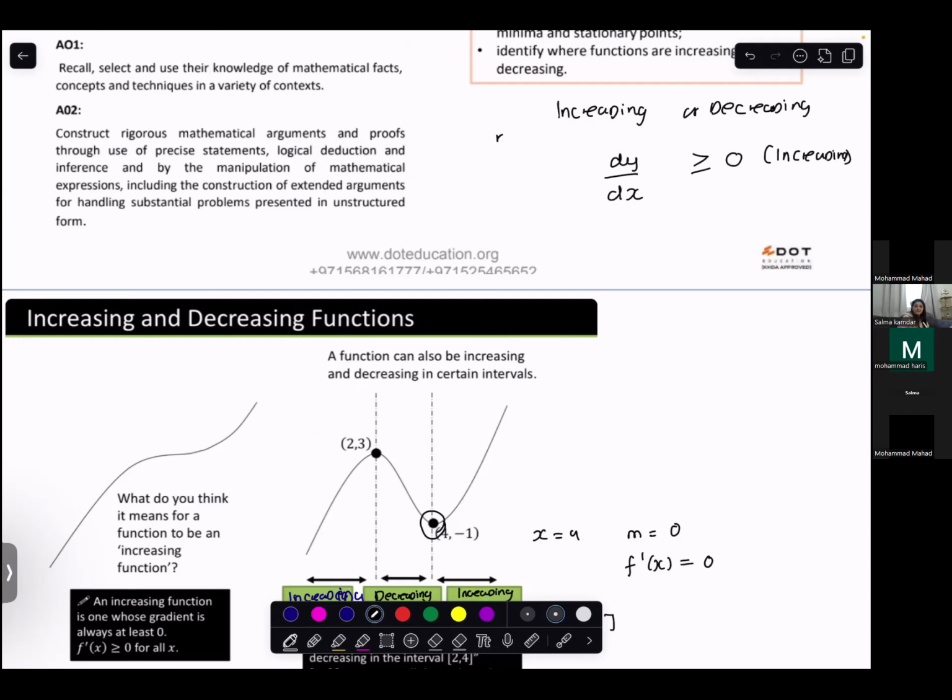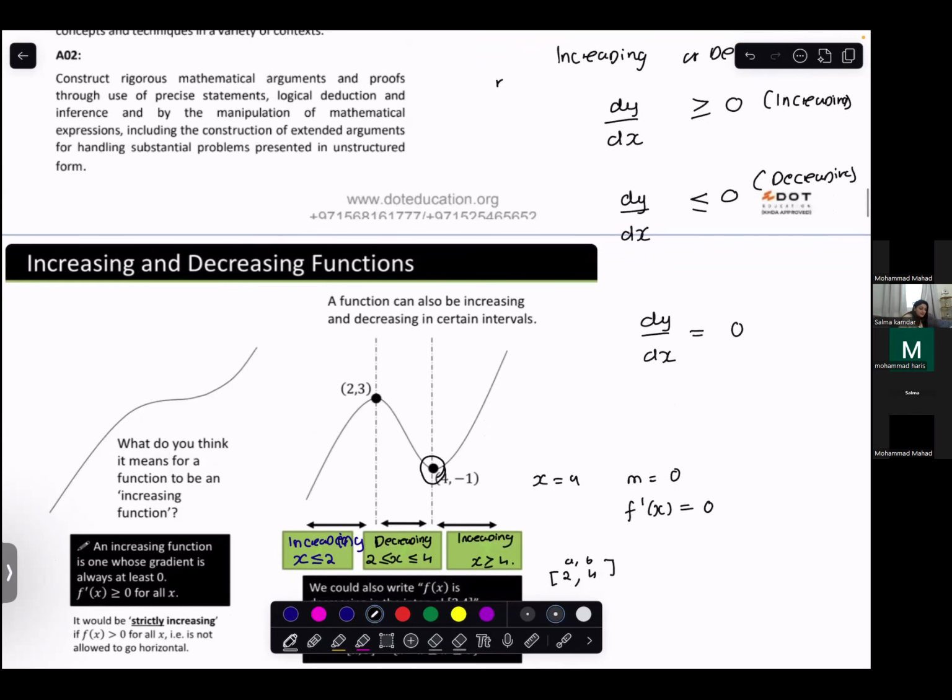If I'm asked to find whether it is decreasing, again I would do dy by dx. If dy by dx is less than or equal to 0, then that means it's decreasing. If I'm asked to find the coordinates of the turning point or the stationary point, I'm going to do dy by dx and make the whole equation equal to 0, then find my coordinates accordingly.